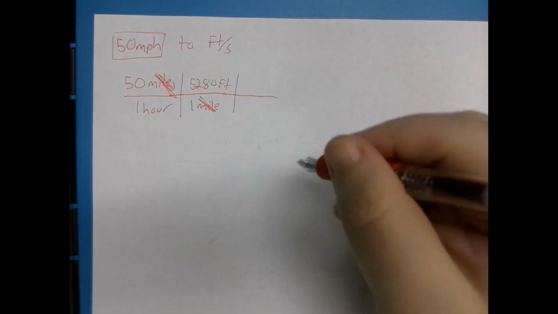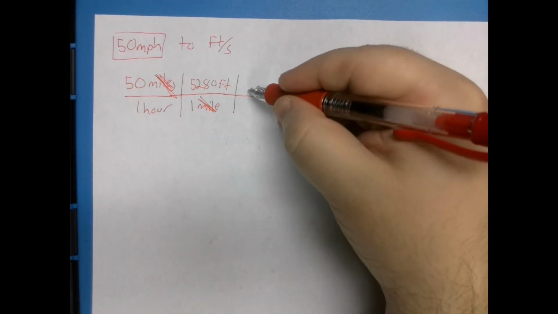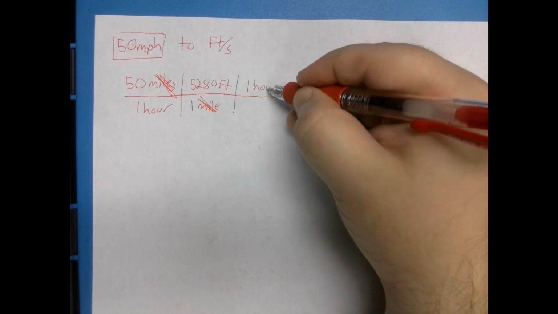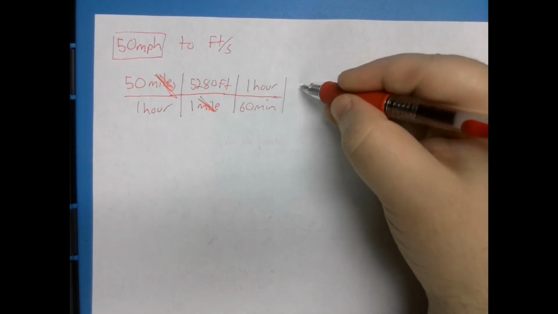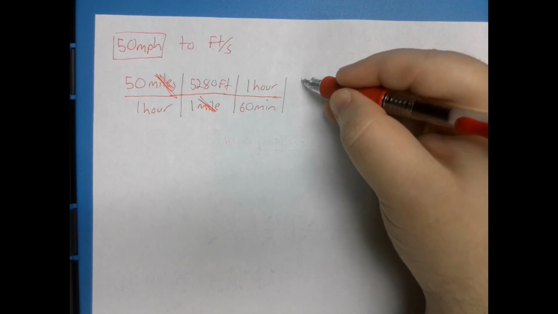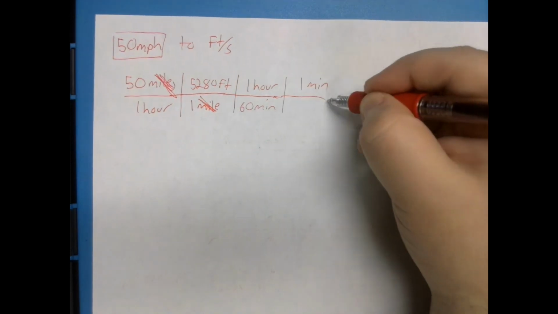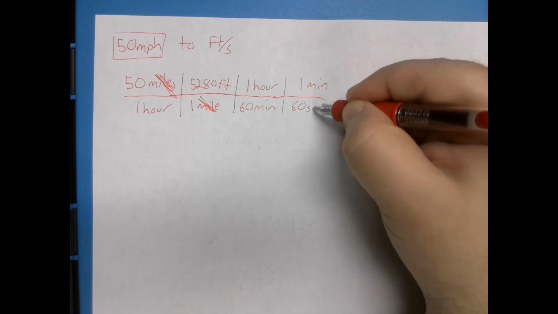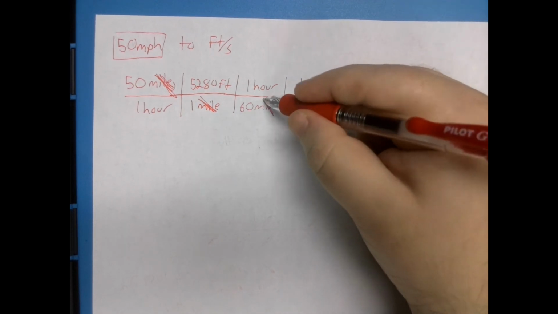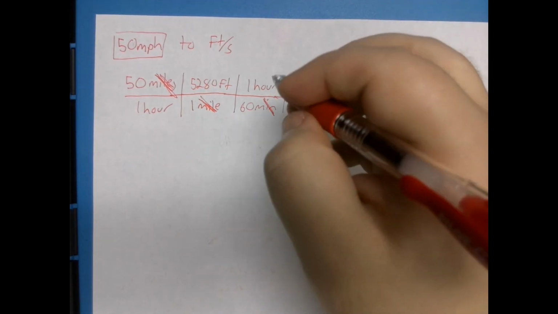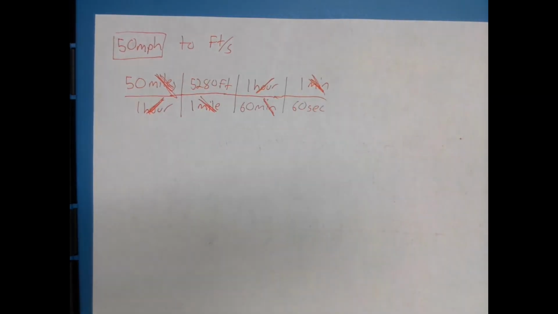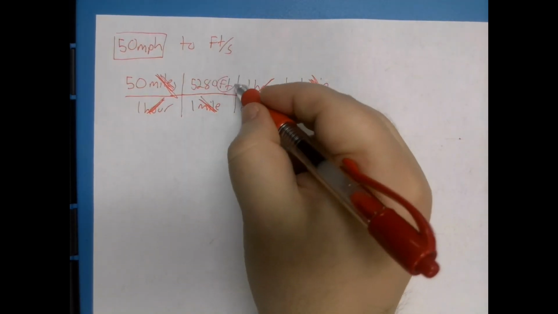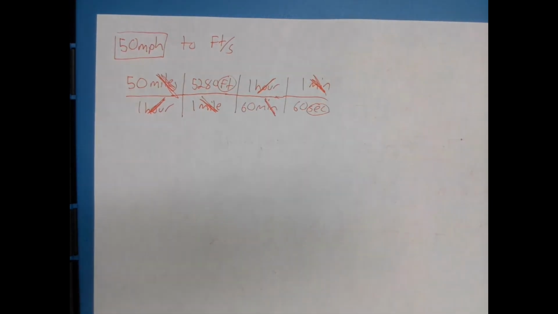We want it in feet per second. So 1 hour is equal to 60 minutes, and 1 minute is equal to 60 seconds. So minutes cancel out, hours cancel out, and we're left with feet per second.